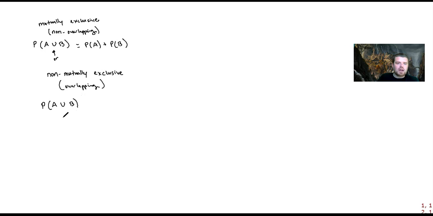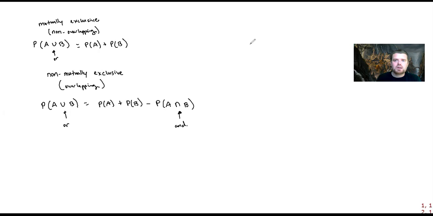The probability of A or B is equal to the same probability, A plus B, but you have to subtract the probability where they are overlapping, which is read as A intersection B. And this is basically a symbol for and. And the reason for that is you don't want to count the same event twice. So we'll look at that in just a second.